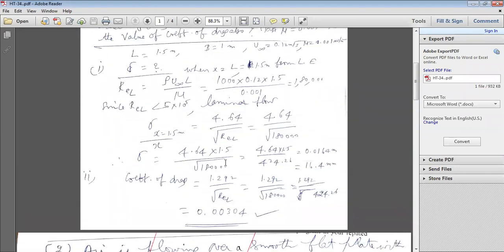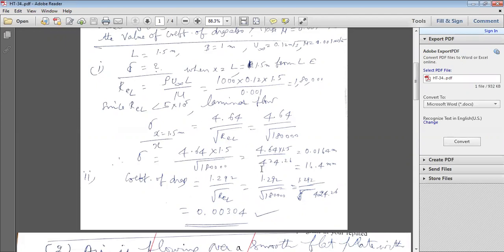After substituting, delta is equal to 4.64 into x. But what is the x value? At what length are you finding the boundary layer thickness? When x is equal to L, that is 1.5 meters. Therefore delta is equal to 4.64 into 1.5 divided by square root of 1,80,000.